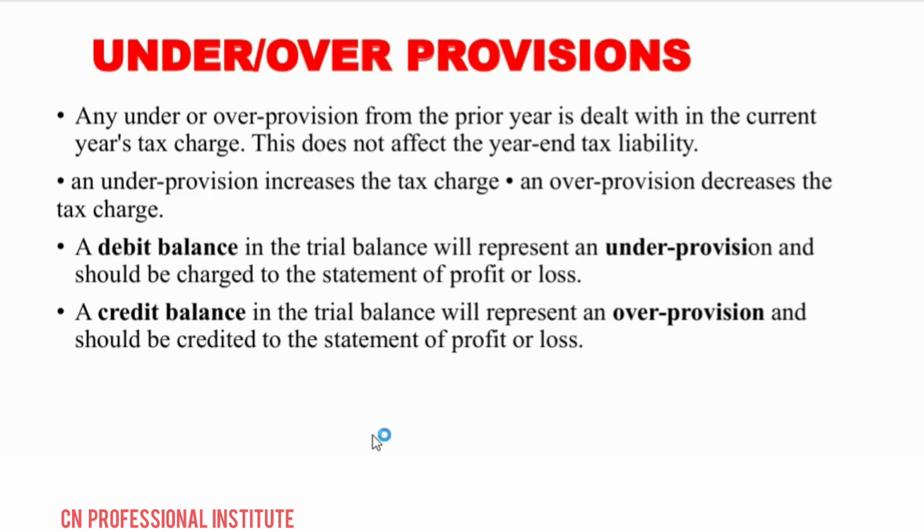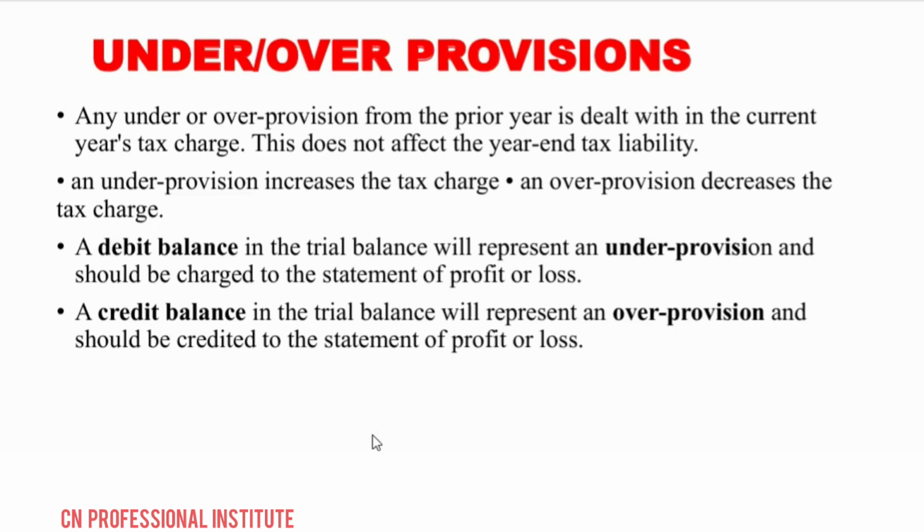But when the tax authorities in Ghana, our tax authority GRA, are done with the assessment, when they are done computing your income tax expense, they say your income tax expense or the tax payable should be what? 50,000. So you made provision for 40,000, and the tax authorities are saying the tax payable is 50,000.